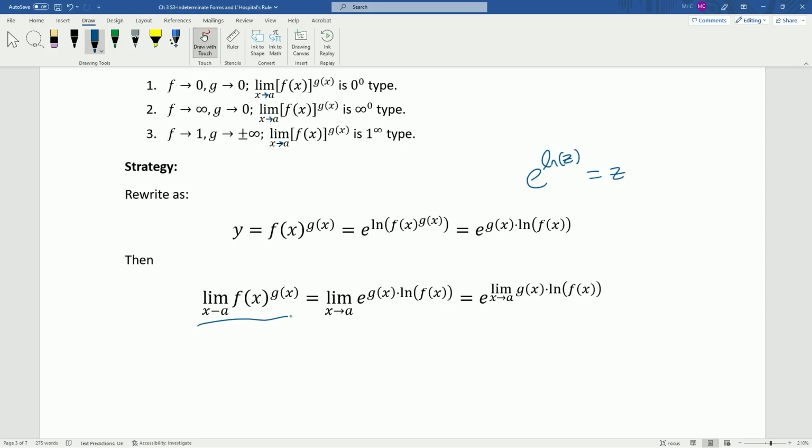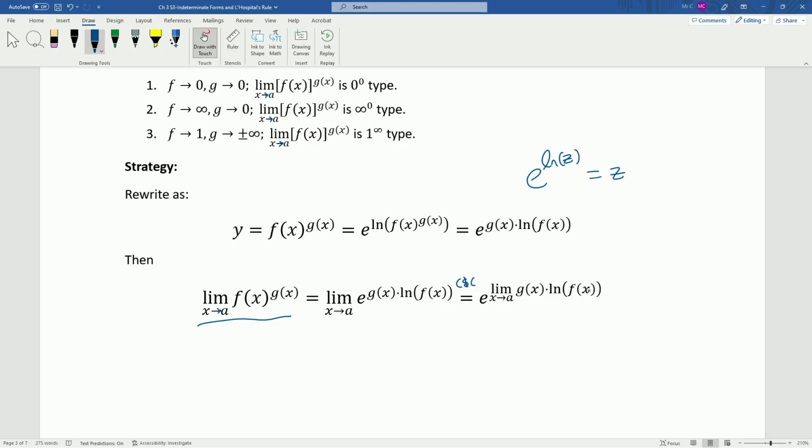And so when I take my limit, I'm missing some more arrows. There we go. When I take my limit, I can move that limit inside the exponential function. We might remember the continuity and convergence theorem that says we can move that limit inside of a continuous function. And so the result of the limit would be just e to the power of this limit, g of x times ln of f of x.